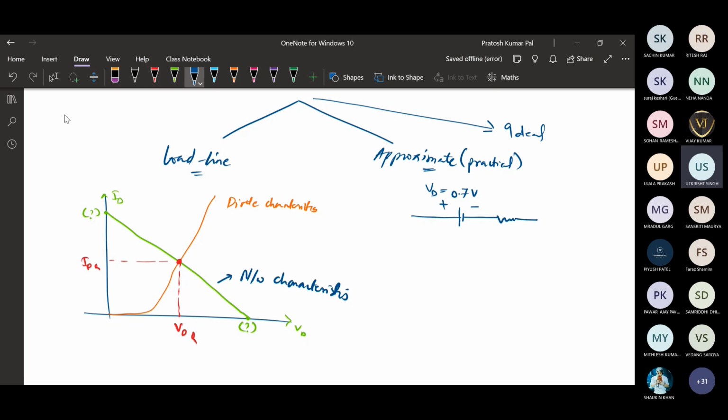If the forward bias resistance value is not given, we will consider only the voltage source. So this will be the equivalent circuit. This is 10 volt, this is 7 volt, and this will be the resistance.